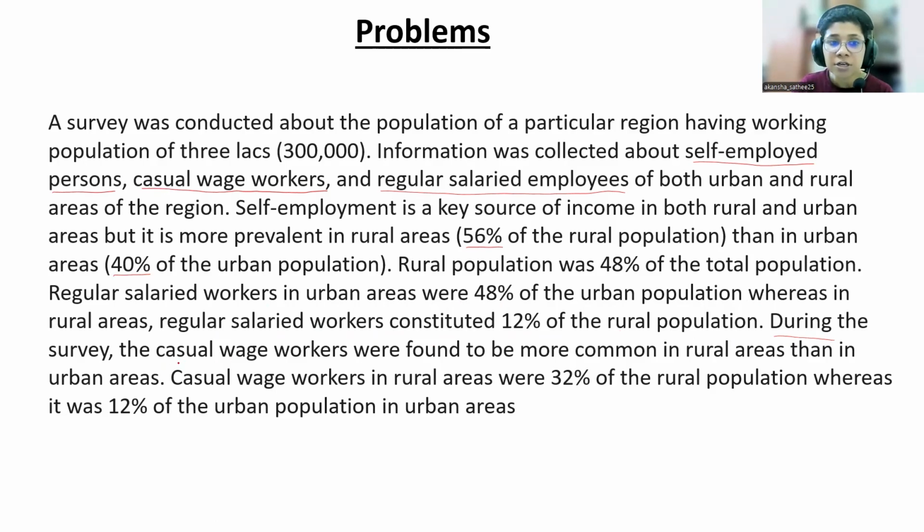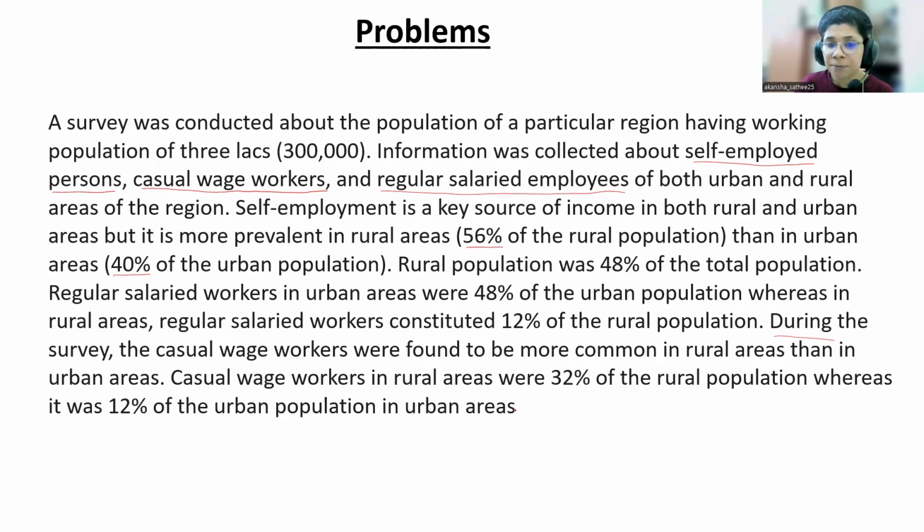During the survey, casual wage workers were found to be more common in rural areas than in urban areas. In the last line, they are talking about casual wage workers. Casual wage workers in rural areas were 32% of the rural population, whereas it was 12% of the urban population.